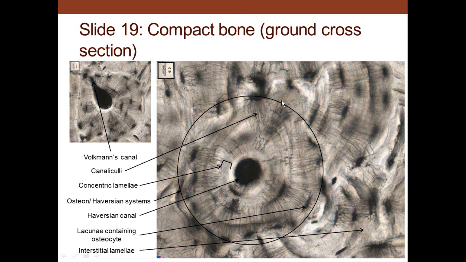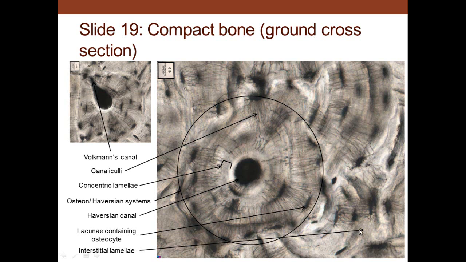And in slide 19, we can see compact bone. There's a Haversian canal, Volkmann's canal going through there, the Haversian canal in the center that we see, and circumferential lamellae. These are older than those; the younger ones are in the center. And you see the lacunae where the cells have been trapped, and then the canaliculi.